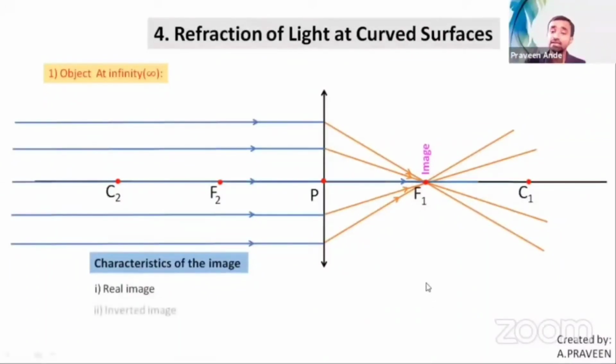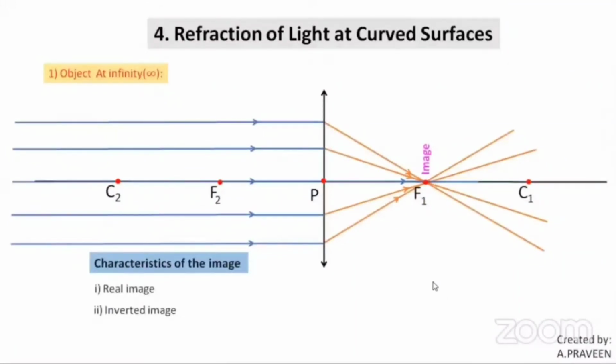The next is whether it is an inverted or erect image. Inverted means below the principal axis, right? Height is measured below the principal axis. We have always decided the object is above the principal axis, so we will get only the image distance below the principal axis, not the object distance. So it is an inverted image.